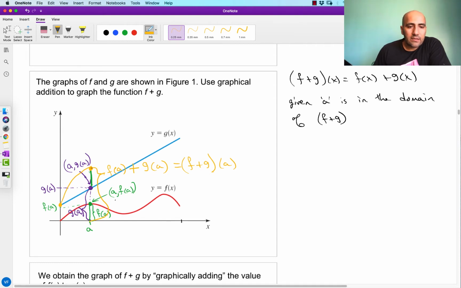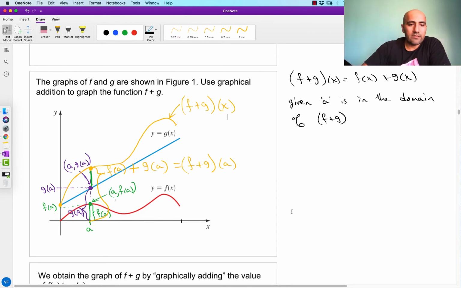But we're always adding a little bit to it, so it just comes up and curves down a little bit, and then it comes back up, and then it curves back down a little bit. Right, where here, this is where I've added the most, right? So the gold one will be at the tallest here, because I've added the most to the blue line, and then I'm adding a little less to the blue line. Okay, so roughly speaking, that would be my guess for the function f plus g evaluated at x.